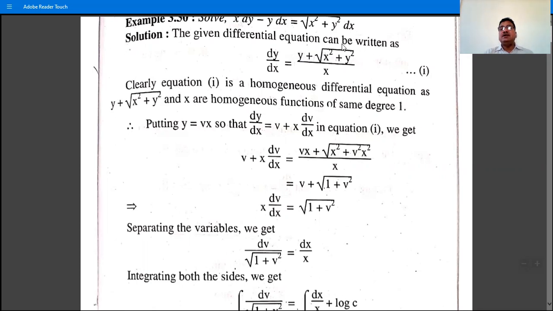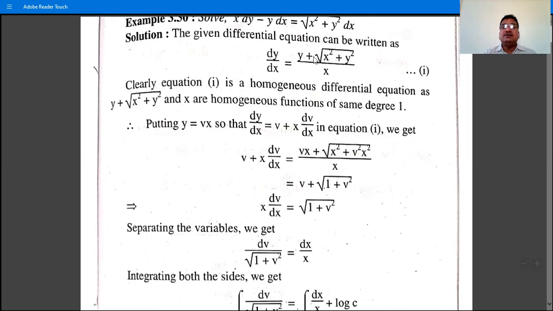How can we check this is a homogeneous function? By using the definition of homogeneous function: if the function is expressed in the form x raised to n into some function of y by x, then we say it is a homogeneous function. So if we take y as common, then we have 1 plus, taking x as common, y by x plus 1 plus y by x bracket square.